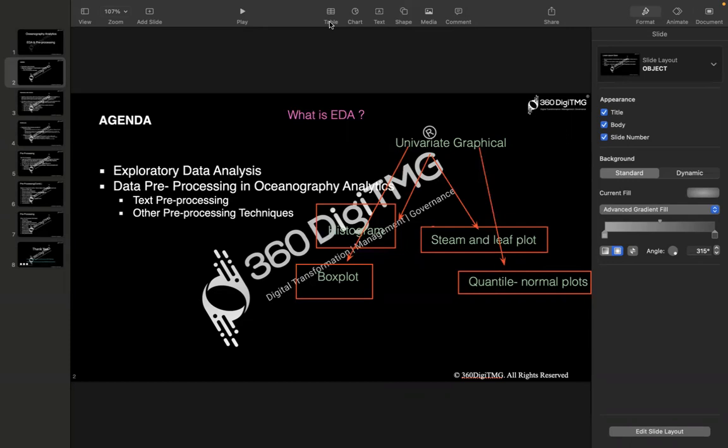Then the quantile normal plot, the ultimate univariate graphical EDA technique and the most intricate.